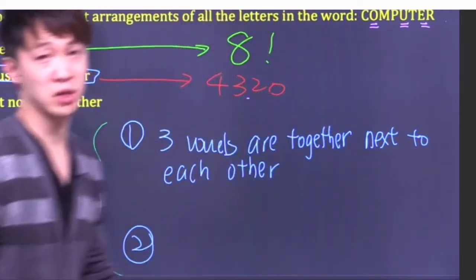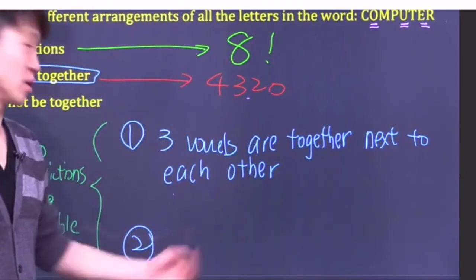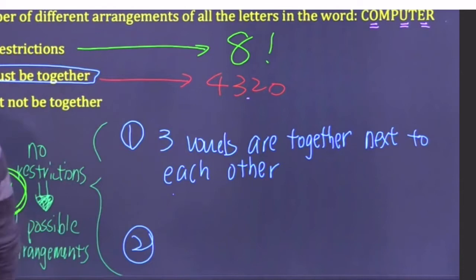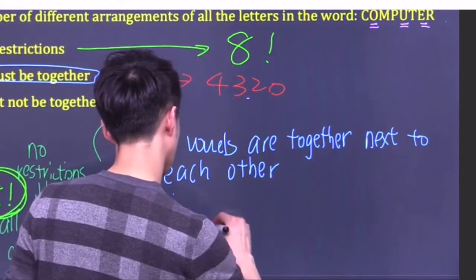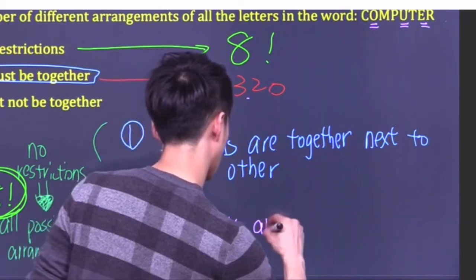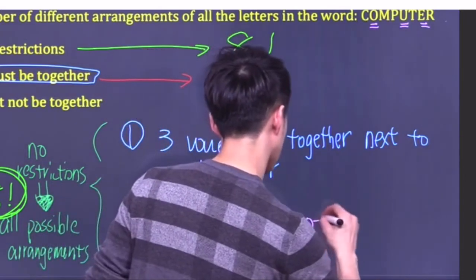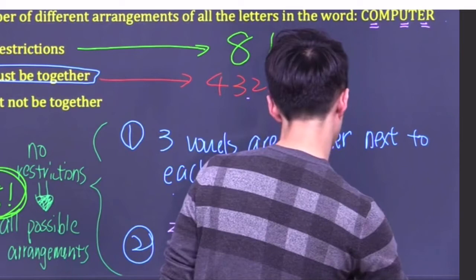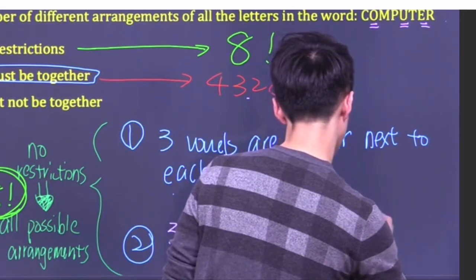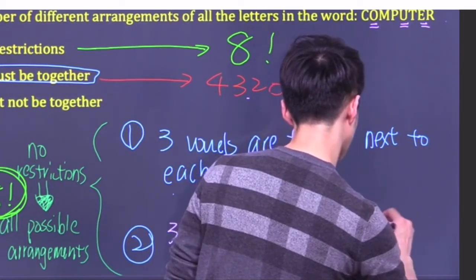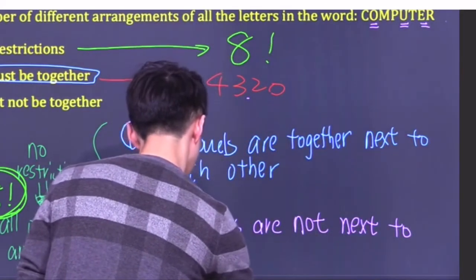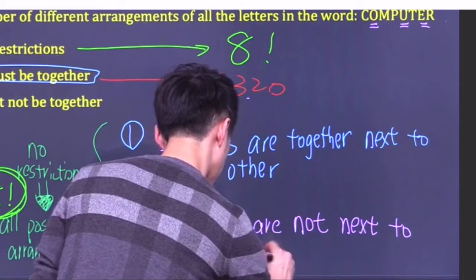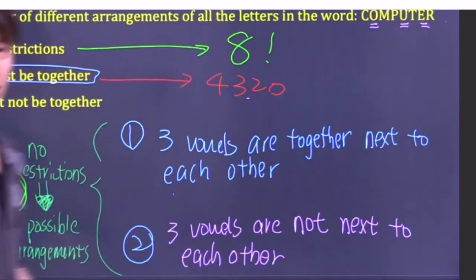What's the other possibility? They are not next to each other. So the other possibility is the three vowels are not next to each other. So either together or not together.